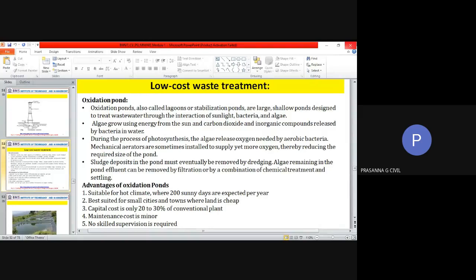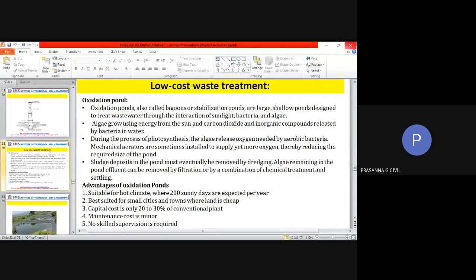There is non-availability of oxygen to the bottom layers. So if we keep the oxidation pond at a depth wherein the exchange of gas between the wastewater and the air is possible, then chances of maintaining an aerobic system are higher.